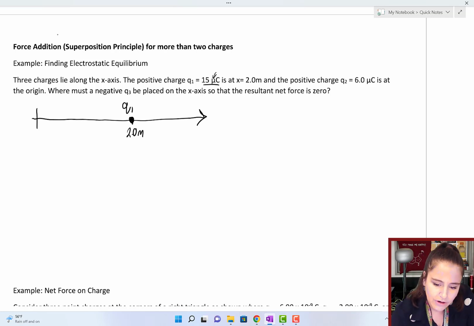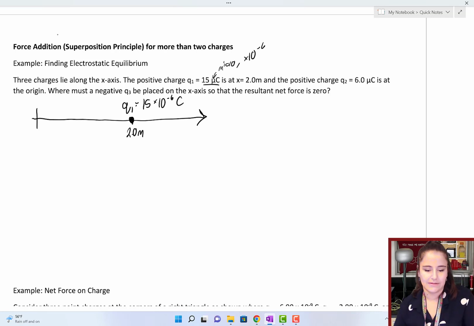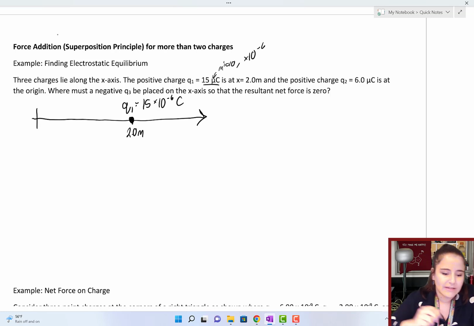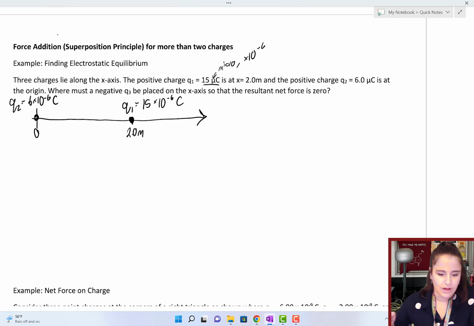Micro is times 10 to the negative 6. So Q1 you can write as 15 times 10 to the negative 6 coulombs. And then the positive charge Q2 is at the origin, at 0, another positive charge. It is 6 times 10 to the negative 6 coulombs.